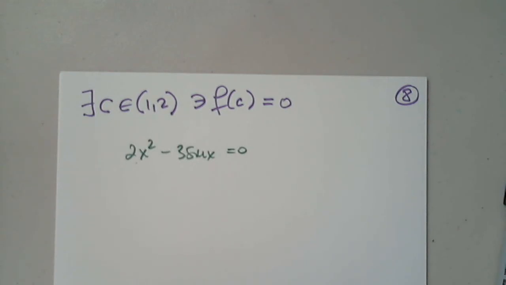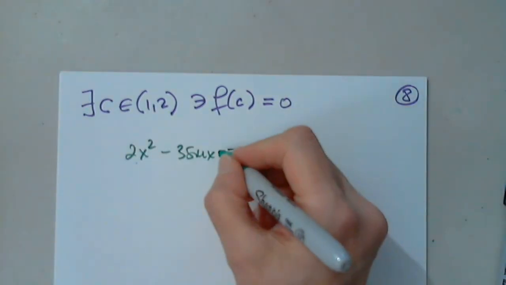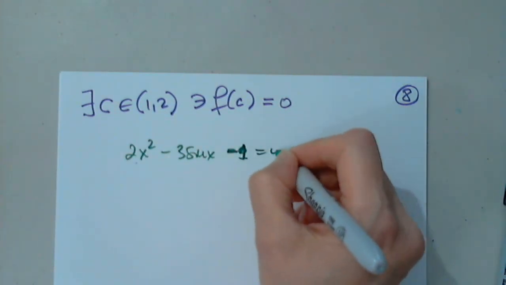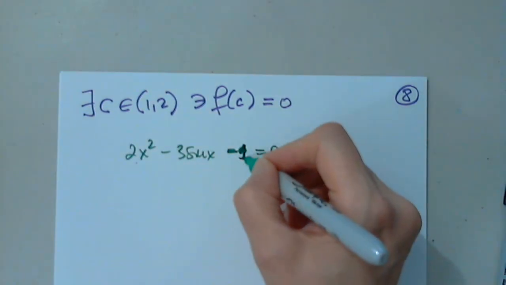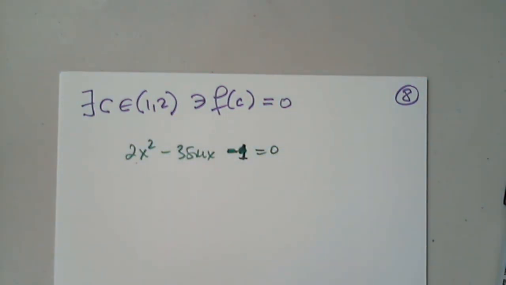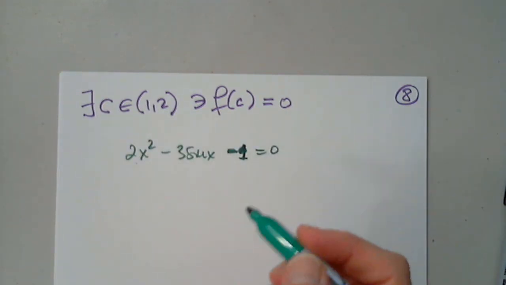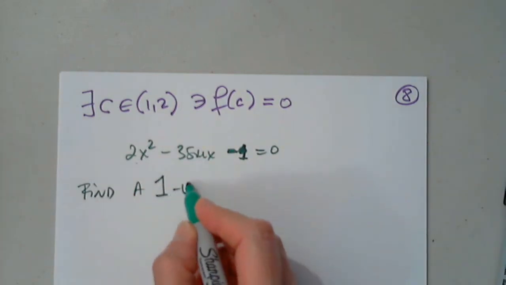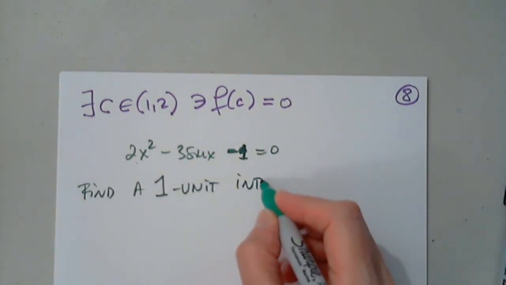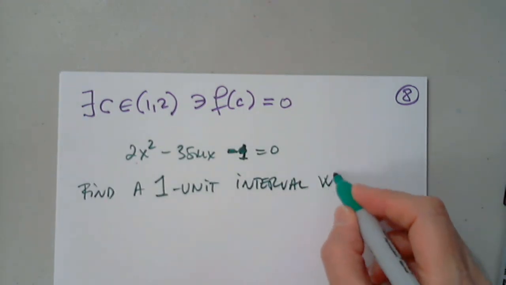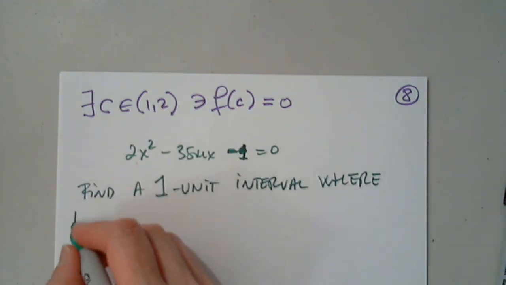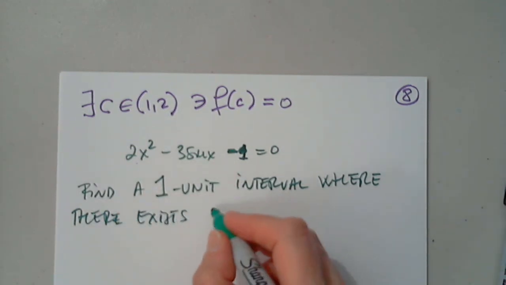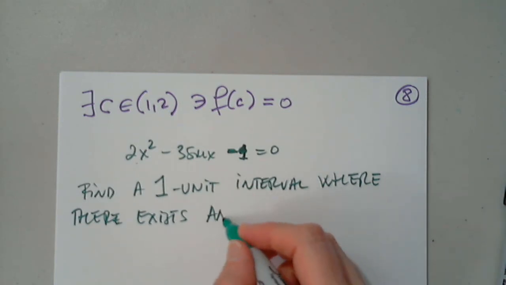Yes. Okay, so I'm changing the function a little bit. I'm going to put a -1 here and 0. So they're asking us for this function, for this equation, find a 1 unit interval where there exists an x-intercept.